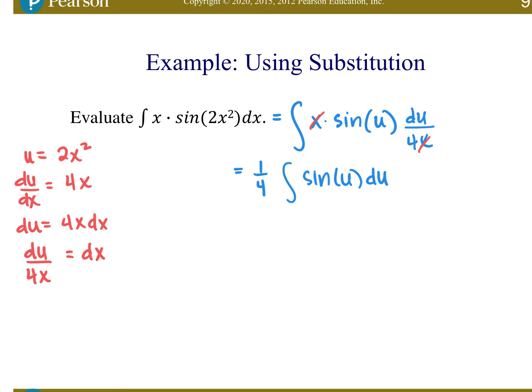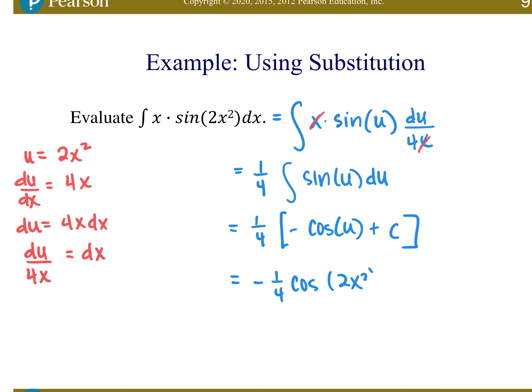Then you're ready for a pretty simple antiderivative. The antiderivative of sine is negative cosine. And then we just have to swap the u back out for what we substituted for. So we'll have negative 1/4 of the cosine of 2x squared plus the constant c.